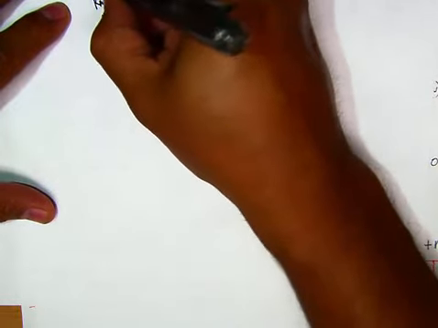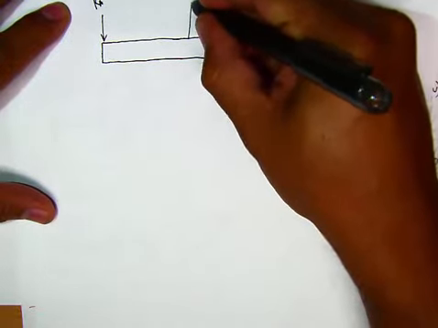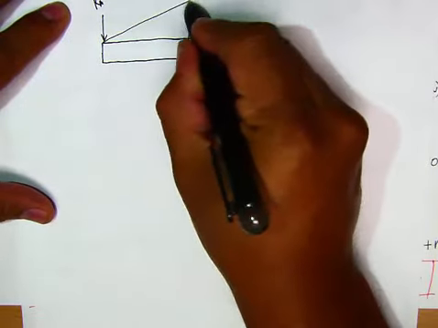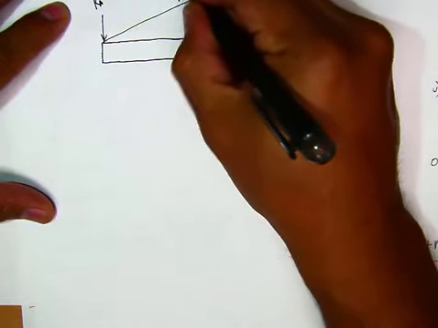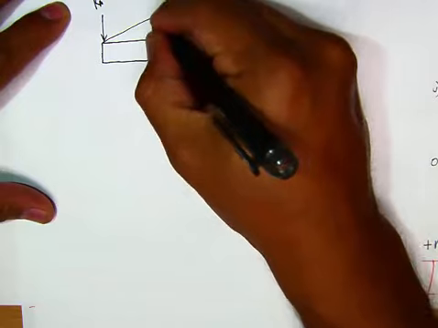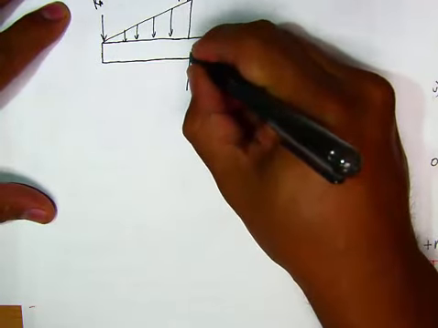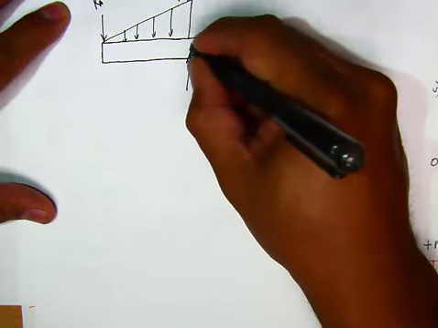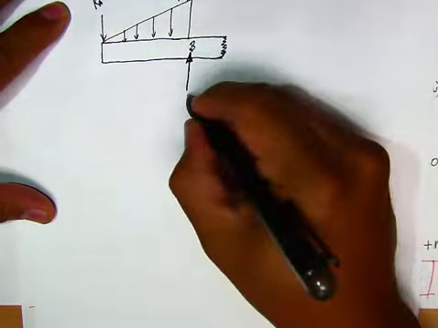So we have RA with a magnitude of 4 going down. We have a rectangular distributed loading. It goes all the way up to 4 kilonewtons per meter. And then right here at B, sorry, made my arrow too big.